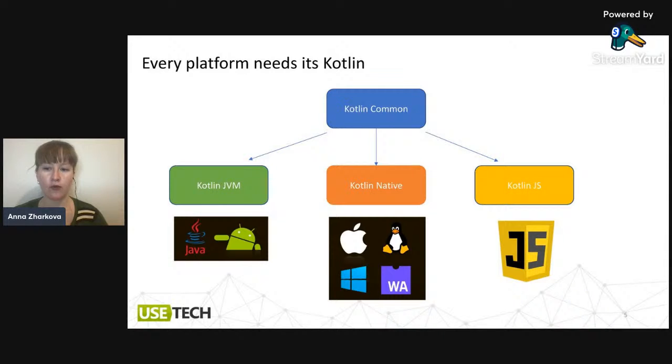For example, for common code, it will be the common version of Kotlin, but for the Android-specific part, I'm not speaking about a native Android application, but about the library that will be used in the Android application. For this part, Kotlin JVM will be used.